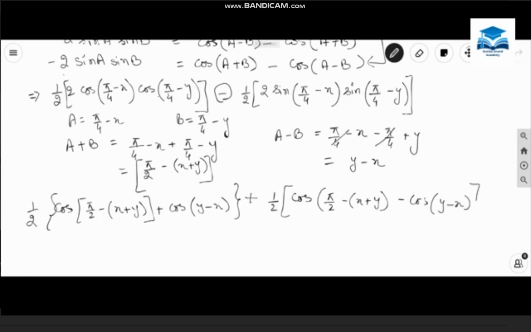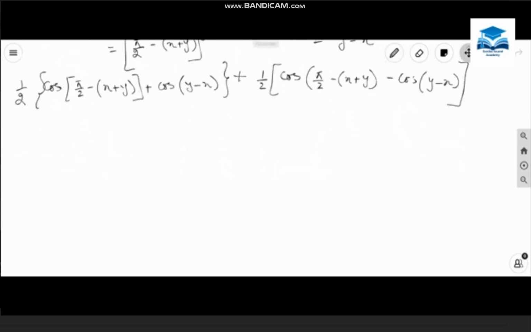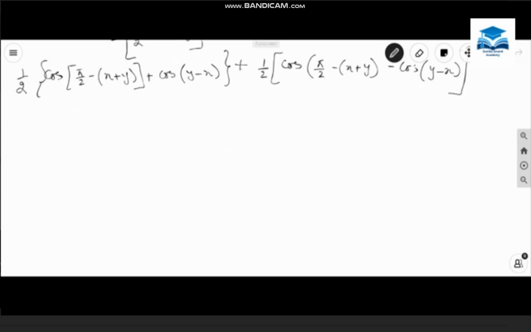Understood? Now half we take common from both the sides. Now cos 90 minus theta, that is sine x plus y.